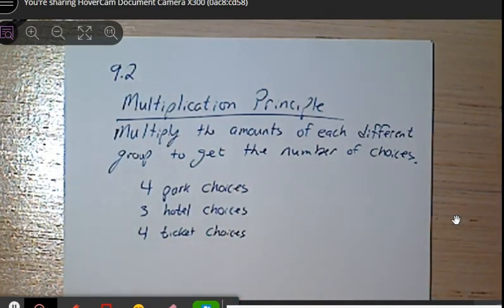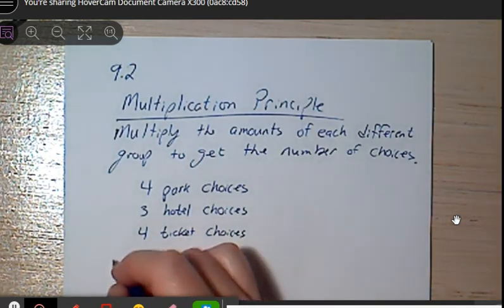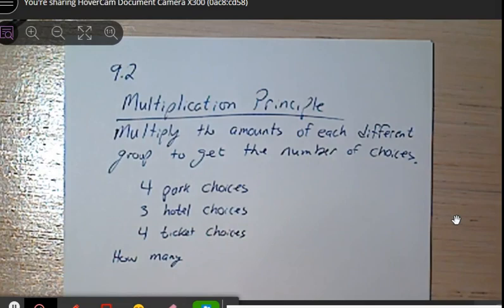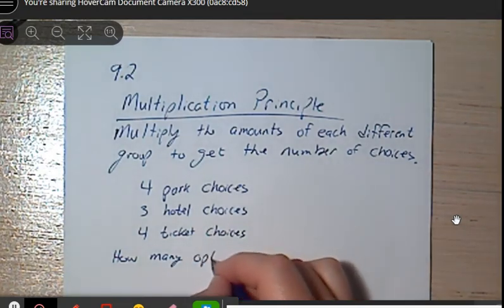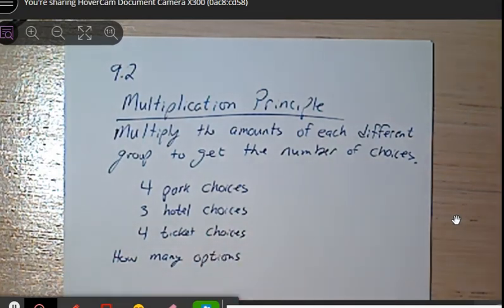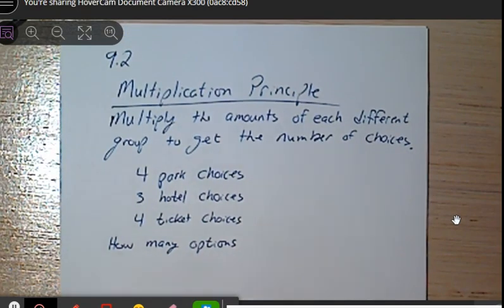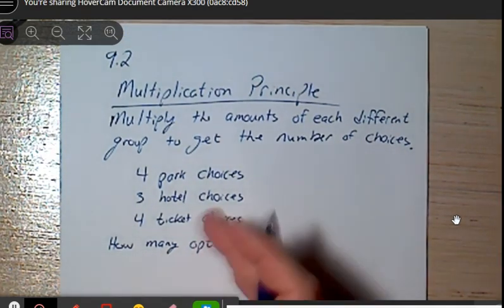So they would say, all right, if this is the number of choices we have for this particular thing, how many different ticket options, or how many options, how many choices, or just how many different ways can you pair these together.